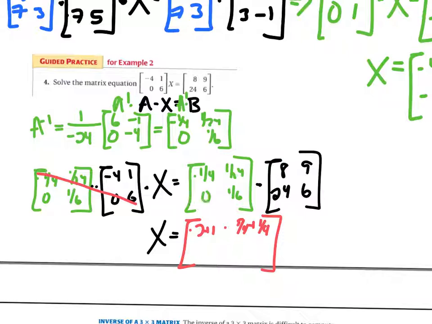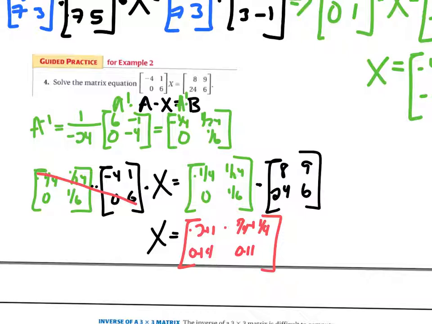Down here you have 0 times 8. Phew, that's easy. That's just 0. And then you had 1/6 times 24. So 0 times 8 and 1/6 times 24 is just 4. So 0 plus 4. And then you had 0 times 9, which is 0, plus 1/6 times 6 is just 1. So 0 plus 1.